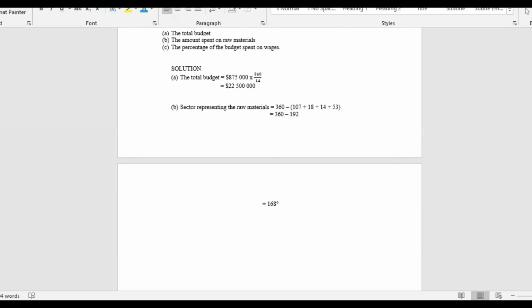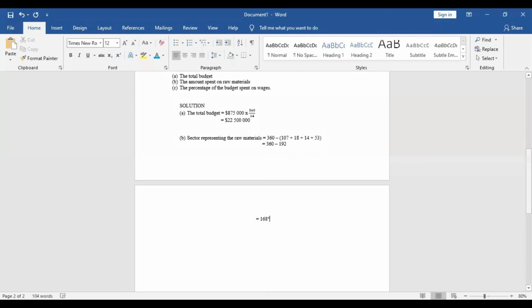So remember, there are two ways you can do this. I'm going to show you both ways. I think this is the easiest way too, so let me show you the easy way first. What does the question ask us again? The amount spent on raw materials.